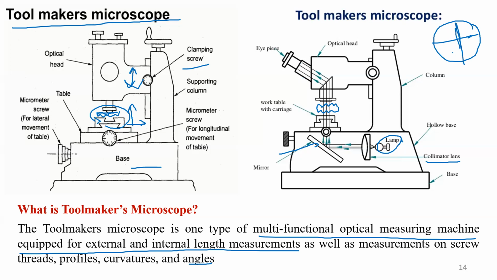So the graticule glass screen has the cross wires. This is called a graticule. So the image is formed on the graticule. This has the scale, and the glass screen can be rotated through 360 degrees. So that image can be viewed through this eyepiece. So here this is the eyepiece.